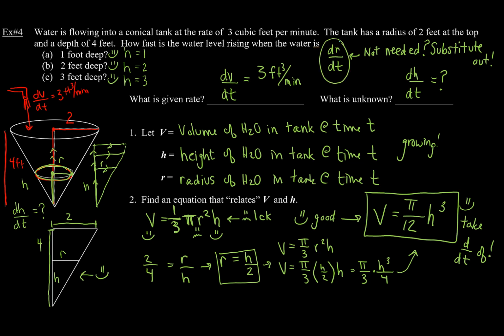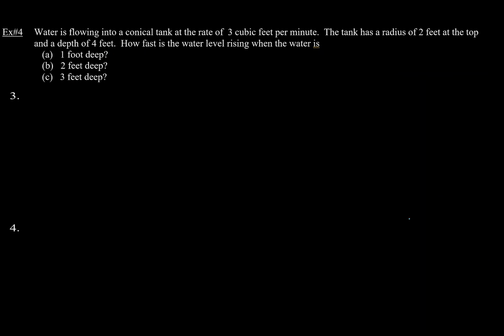No derivative rate for the radius was given. So it's not that it's not needed, but it definitely wasn't given, so I have to substitute it out. I use this relationship of triangles to do that, and that gave me this volume formula for a cone that's just dependent on height. And that bad boy, I could take the derivative of.